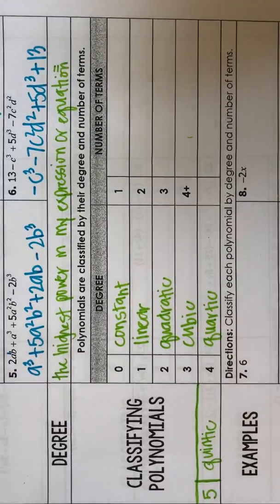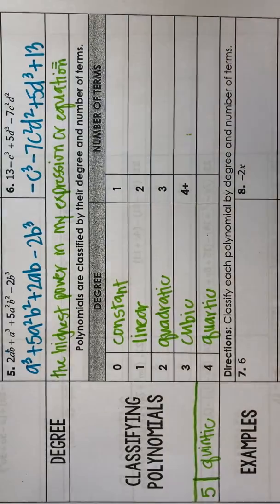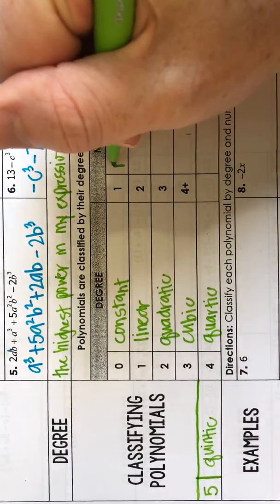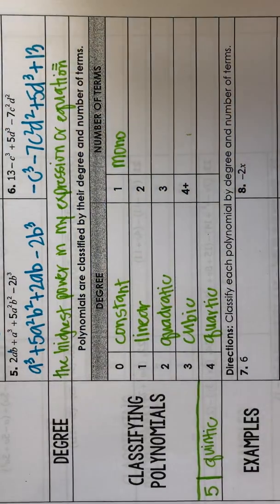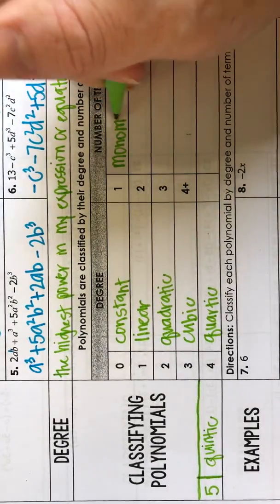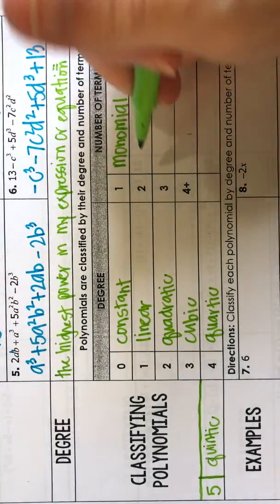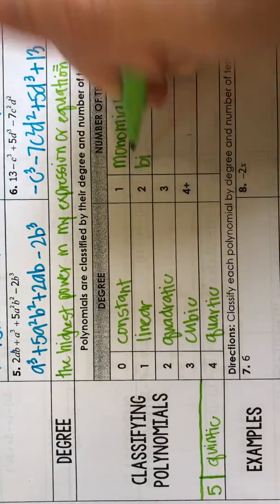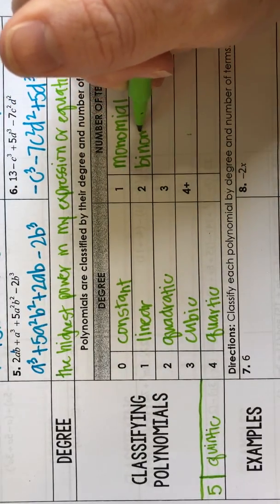Next, let's classify them by the number of terms. This is how many pieces I have. If I have one piece, the prefix for 1 is mono. So this is a monomial. If there are 2 pieces, the prefix for 2 is bi, so binomial.